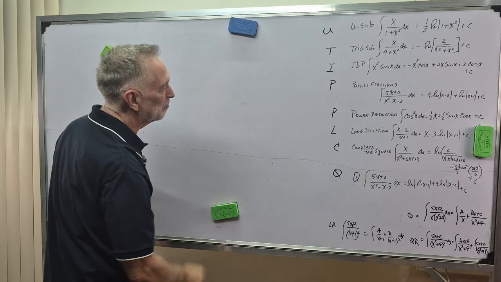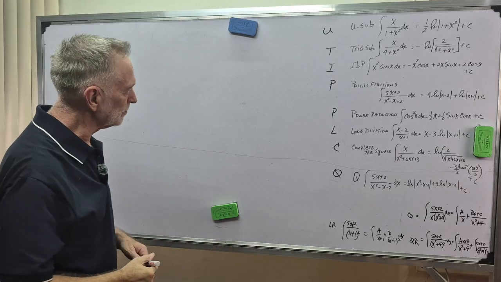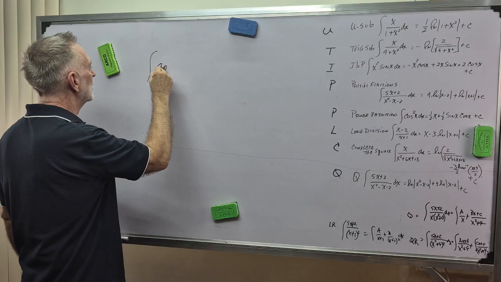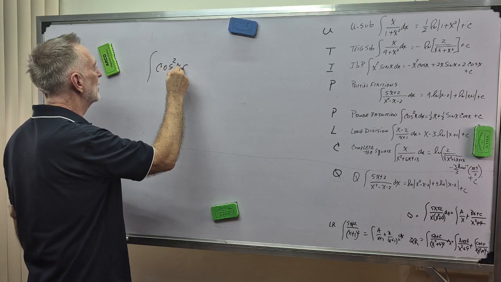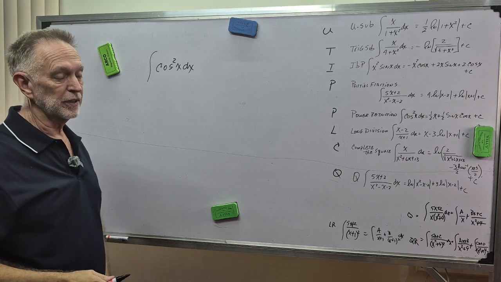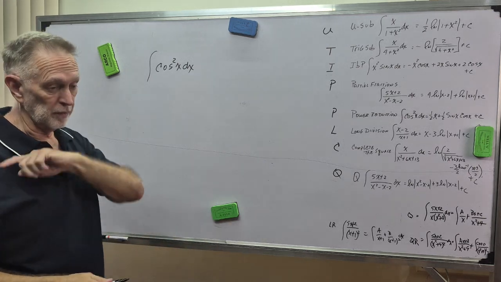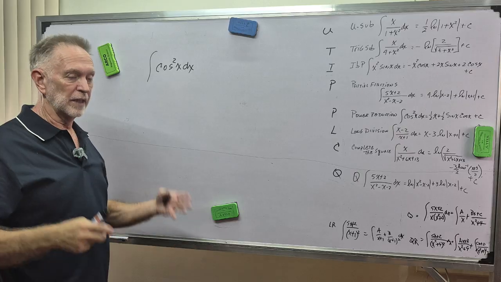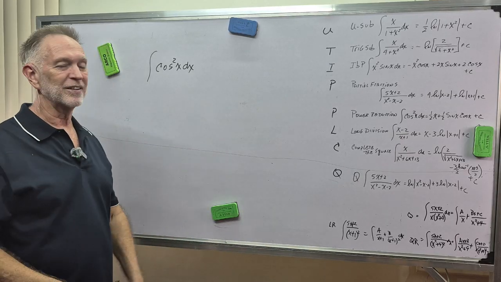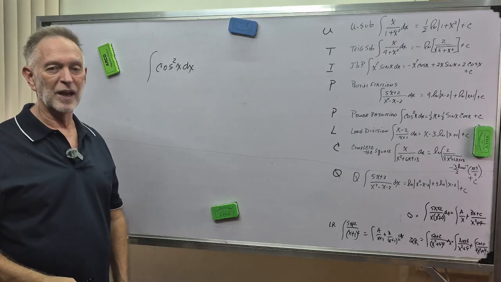All right, power reduction. This comes in handy. How do you integrate cosine squared x dx? Now somebody might say, well, that's 1 minus sine squared. That's true. That's a trig fact. Now how do you integrate 1 minus sine squared?